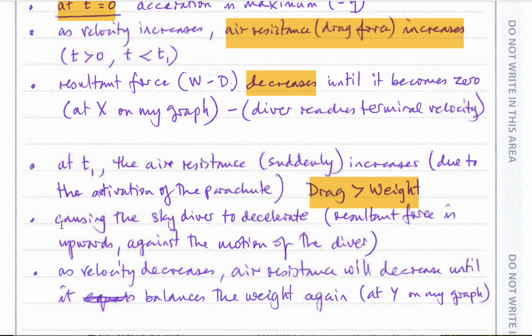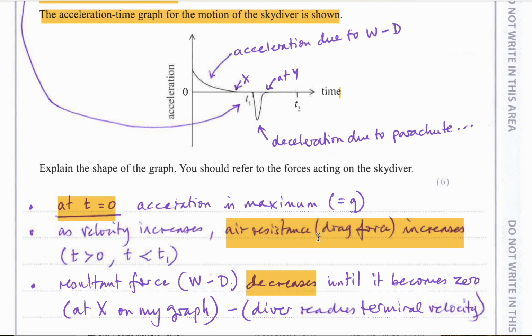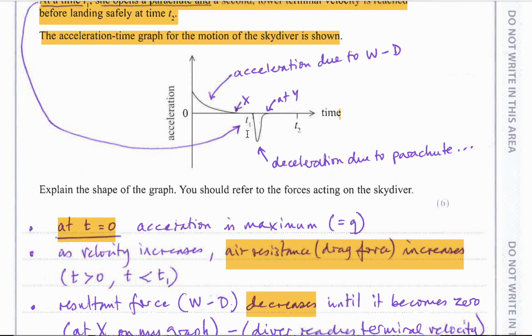The drag changes with velocity, and in this case, due to the surface area of the parachute. And this would cause the skydiver to decelerate, because the resultant force is upwards, against the motion of the diver, which is why on the graph the acceleration is below 0 on the y-axis.